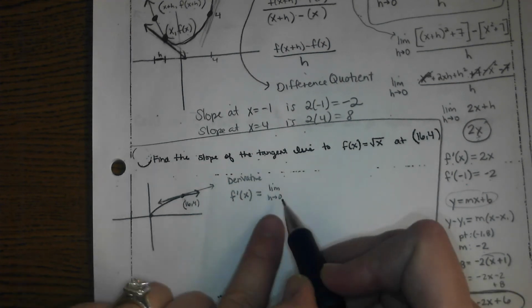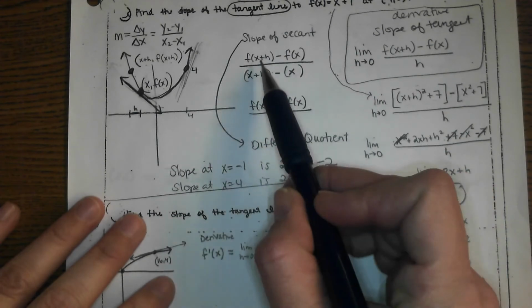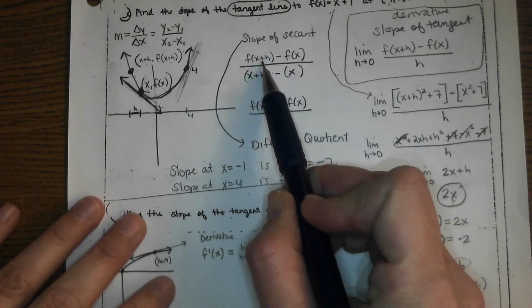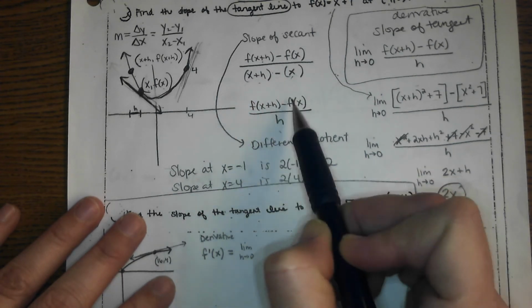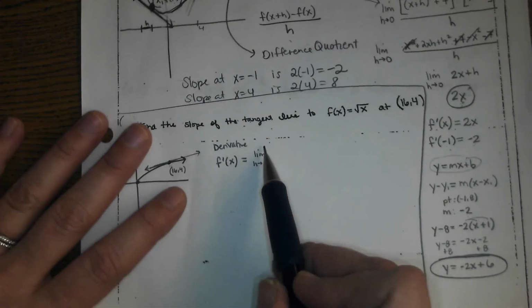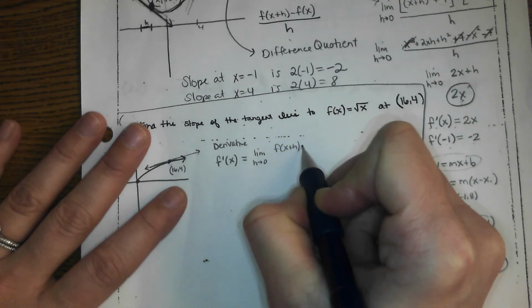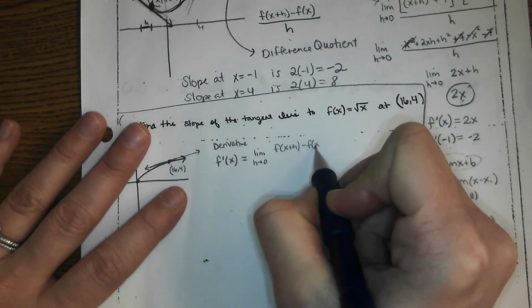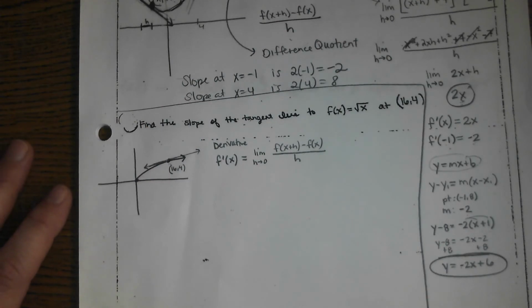So it's the limit as h approaches 0 of what ends up being the difference quotient. It was originally y2 minus y1 over x2 minus x1, but then it's simplified down to the difference quotient: f of x plus h minus f of x all over h.